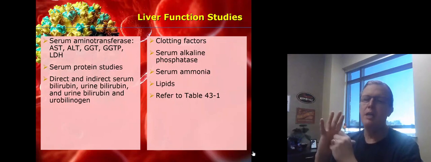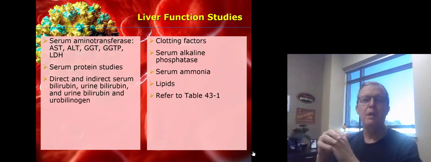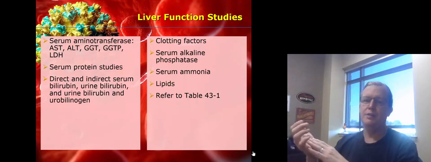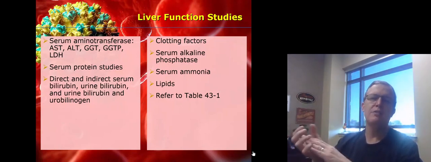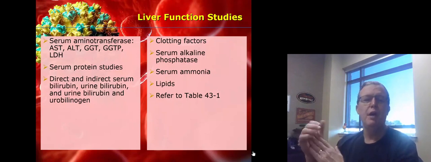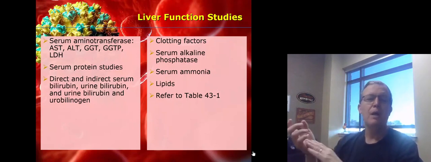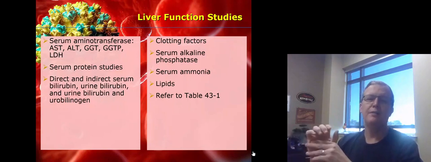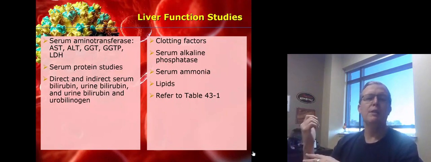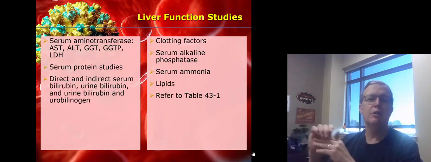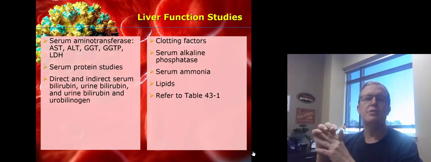Now, protein studies are not necessarily specific to liver, but the liver is highly responsible for protein metabolism. So protein studies such as serum protein and albumin are going to reflect how the liver is functioning. Now, byproducts such as bilirubin, urine bilirubin, and urobilinogen, both indirect and direct bilirubin, are going to be indicators specifically about liver function.